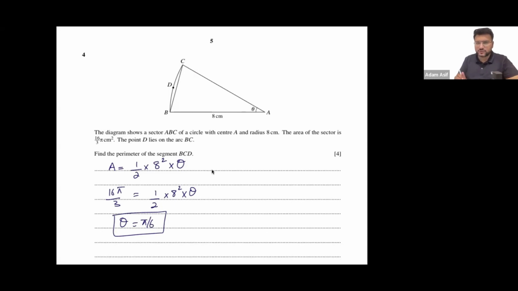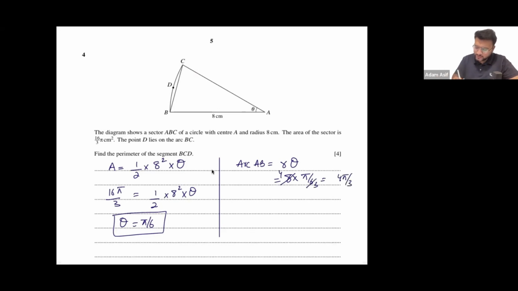So we have the value of theta as pi by 6. Now we can find the arc length. Arc length is r times theta. The radius is 8 and the angle is pi by 6, so that's going to be 4 pi upon 3 centimeters.